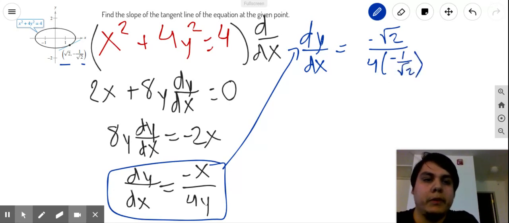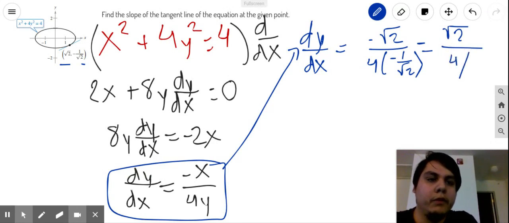All right, which then if we try to simplify a little bit, the negatives cancel out, so we're going to have square root of 2 divided by 4 over the square root of 2.